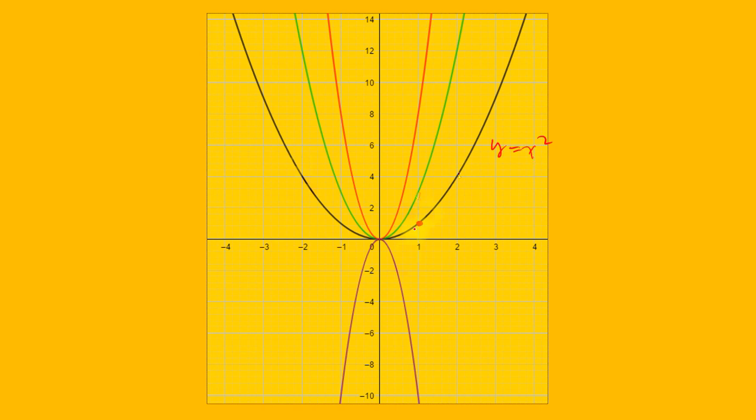So the equation of this one, let us say that's y sub 2, because we have already y here, is x squared multiplied by 3. So that's our equation of the function. How about the red one, the red graph? Let's erase this one first.